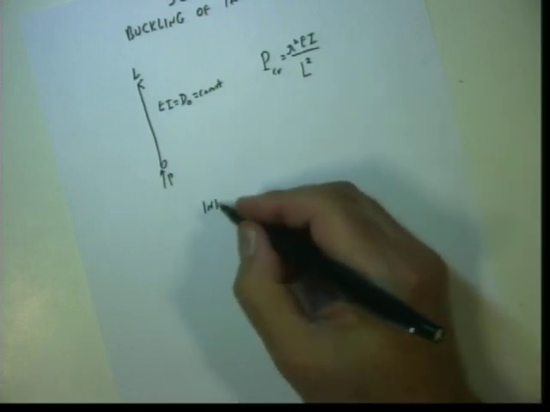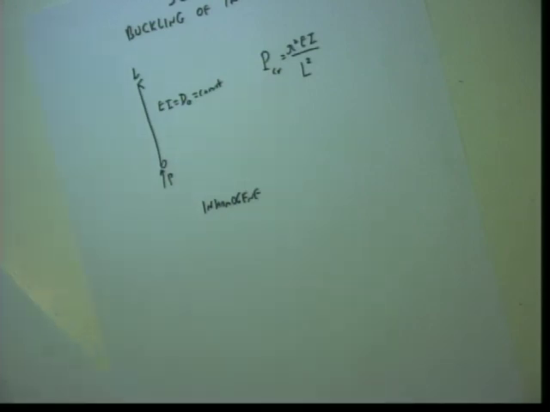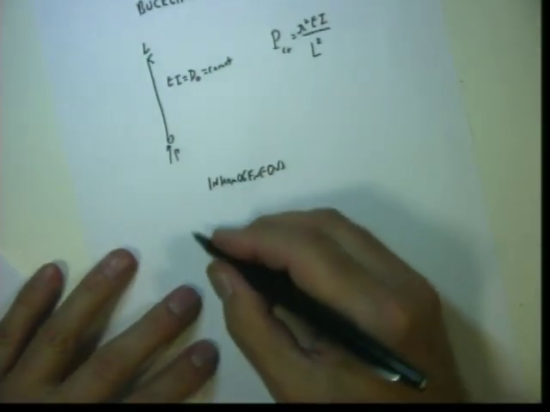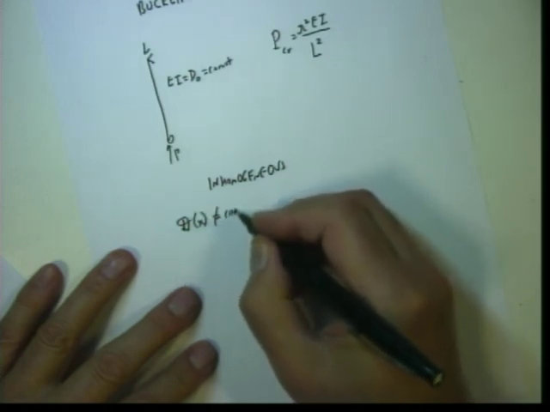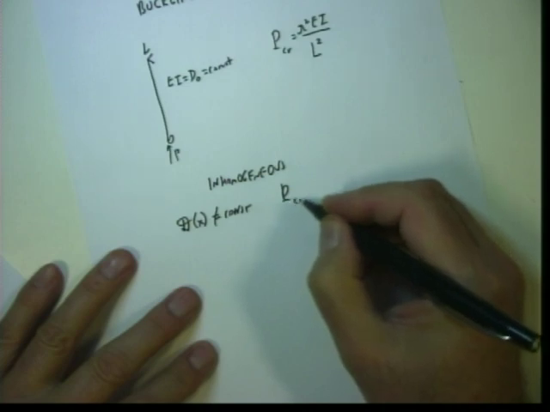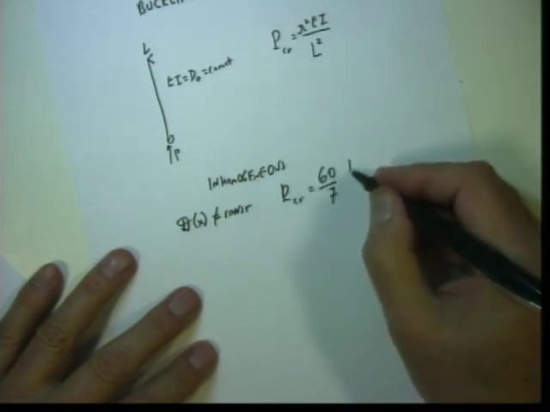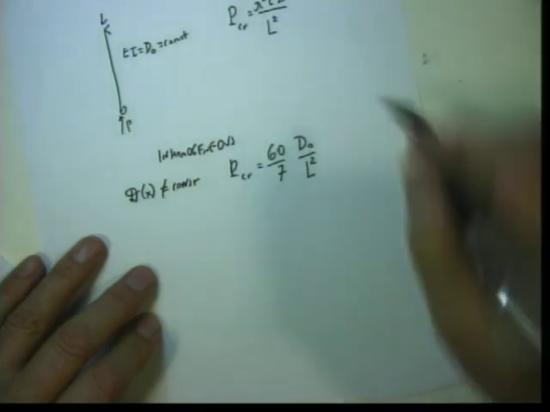This is inhomogeneous. Here, D of x is not constant, and P critical equals 60 over 7 D0 over L squared.